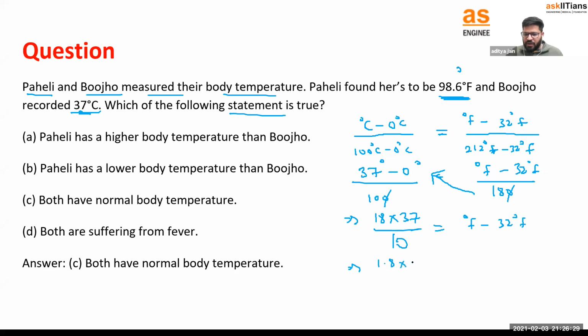Can I say 1.8 into 37 equals Fahrenheit minus 32? If you solve this, you will get the temperature as 98.6 degrees Fahrenheit.